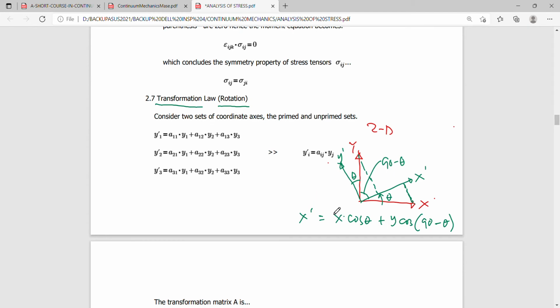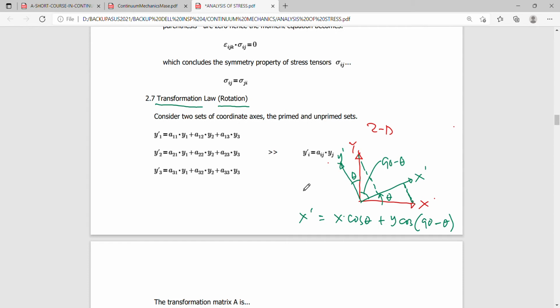Okay, so this transformation from the unprimed to the primed axis now constitutes what you call a matrix of direction cosines, in which if we again deal with a higher order tensor and doing it in a three-dimensional spatial transformation will be a little bit difficult.